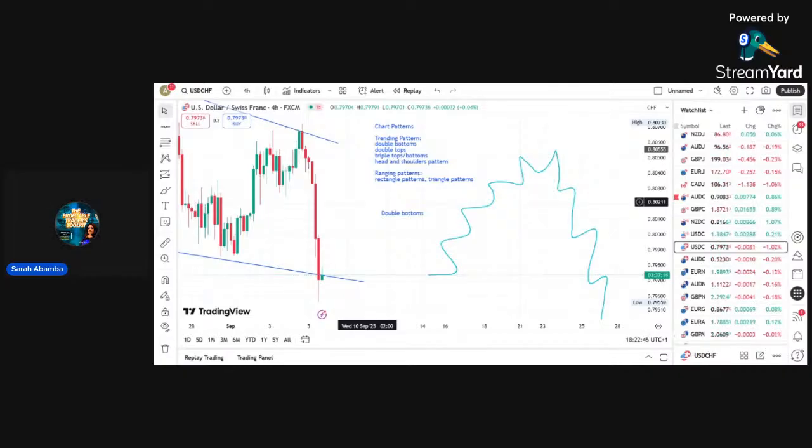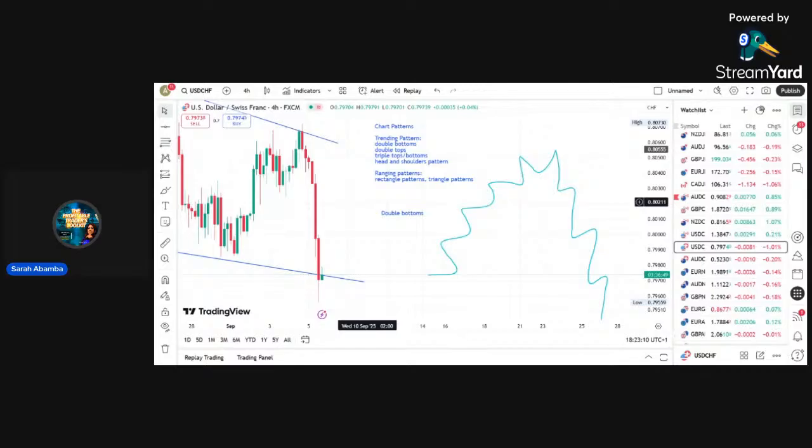For the chart patterns, we have two categories: the trending patterns and the ranging patterns. Like we all know, we have two types of market trends, the trending market and the ranging market.